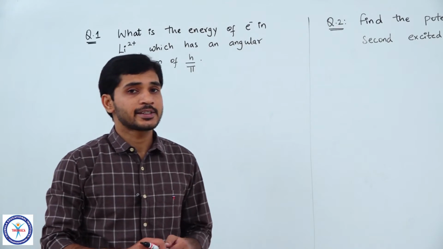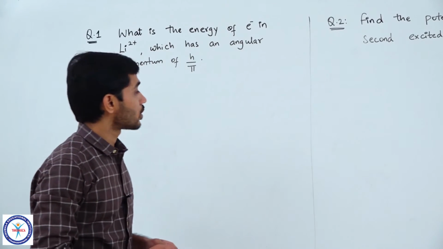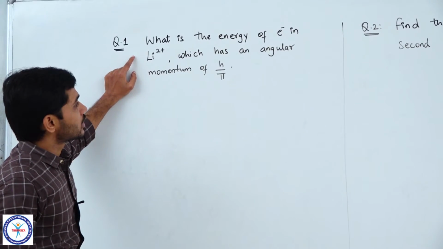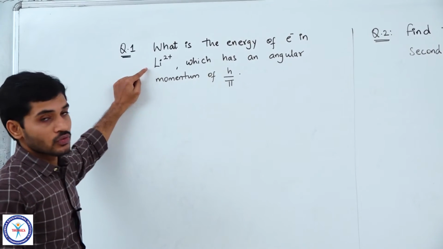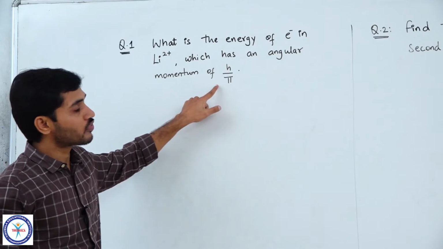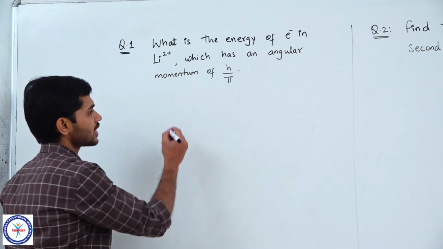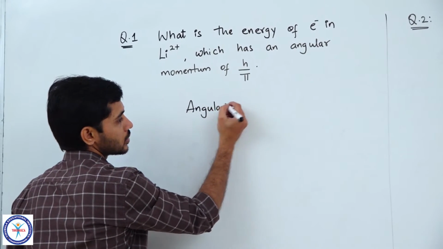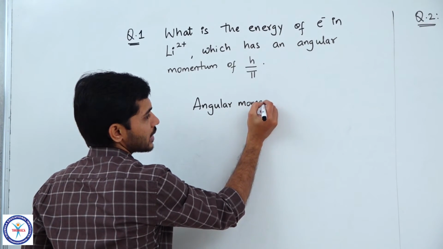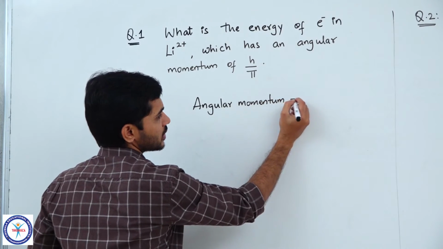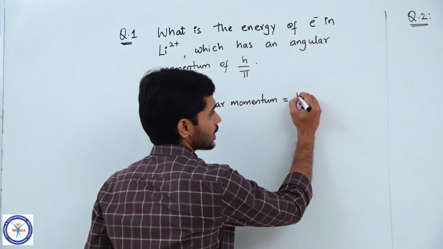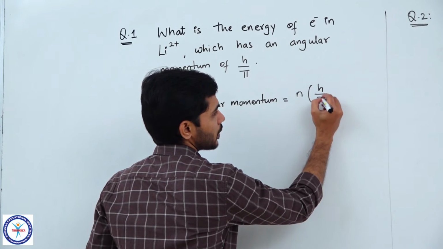Okay students, so let us solve some questions now based on these energies. What is the energy of an electron in Li2 plus which has an angular momentum of h by pi? So they have given us the angular momentum as h by pi. We know that in any hydrogen like species, the angular momentum of the electron can be understood as n times h by 2 pi.